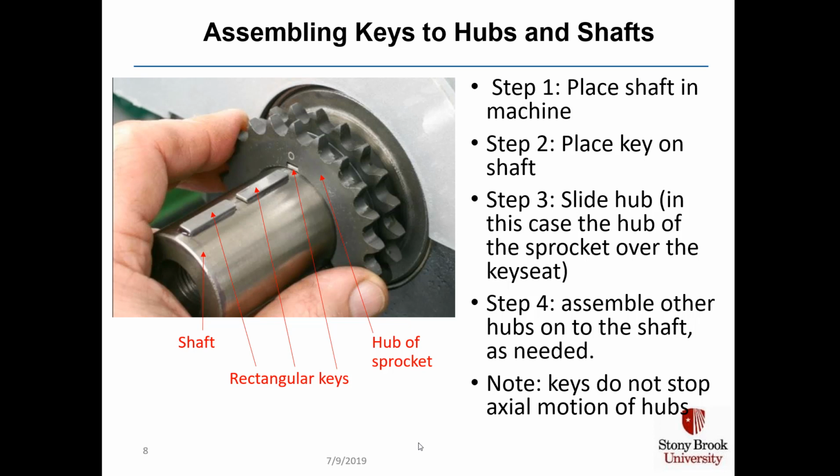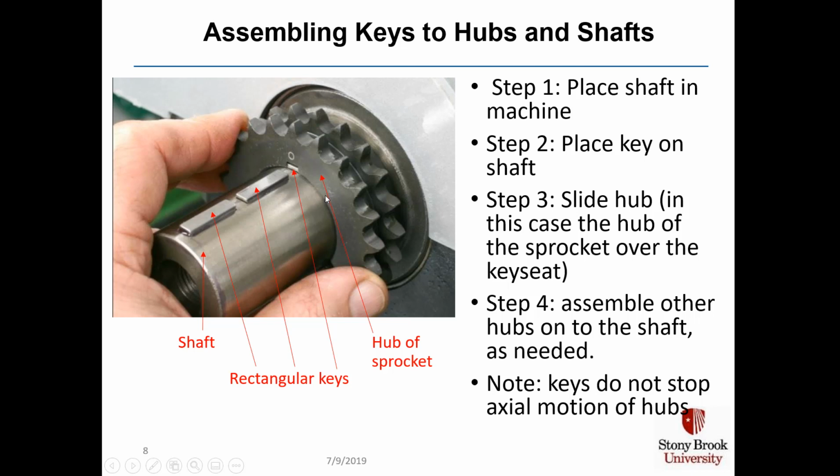When you assemble a key to a hub and shaft, first you do step 1, which is to place the shaft, here's our shaft, into your machine. So you would put it into this collar. Step 2, you would place the key, here's a key, here's another rectangular key, on the shaft. Step 3, you would slide the hub, in this case the hub of the sprocket.